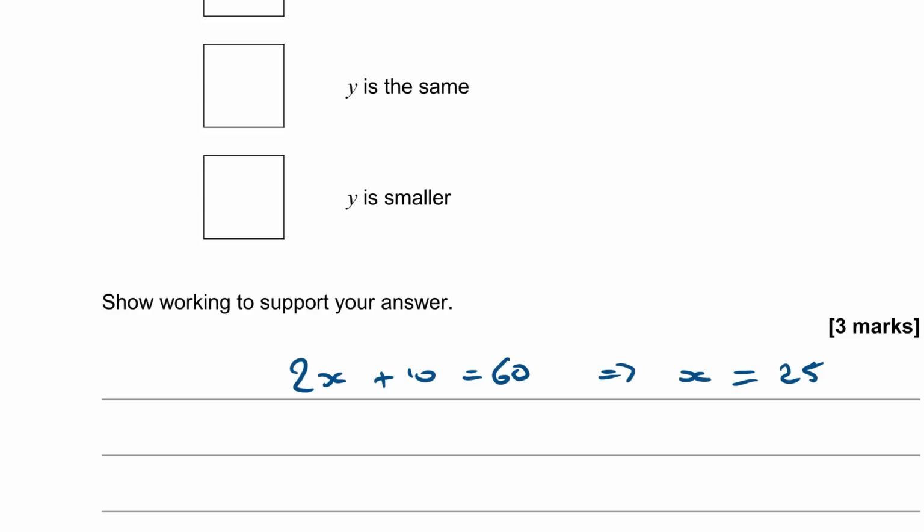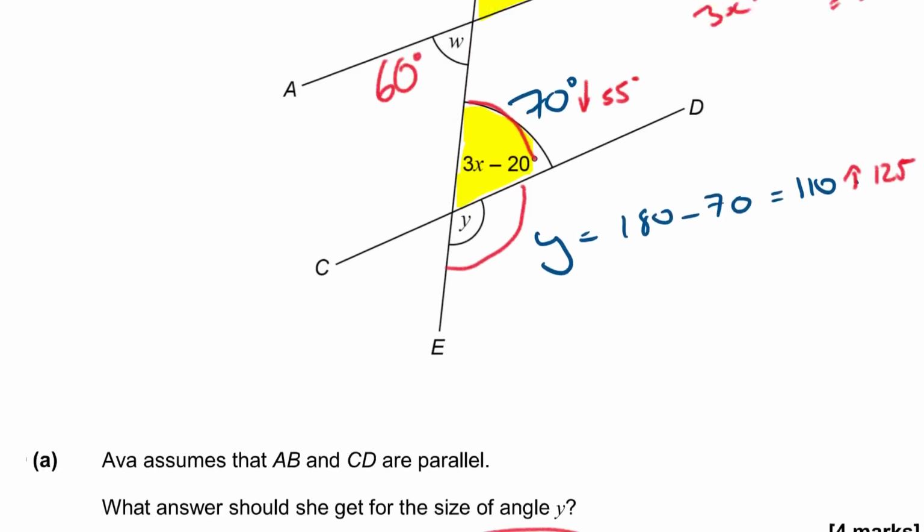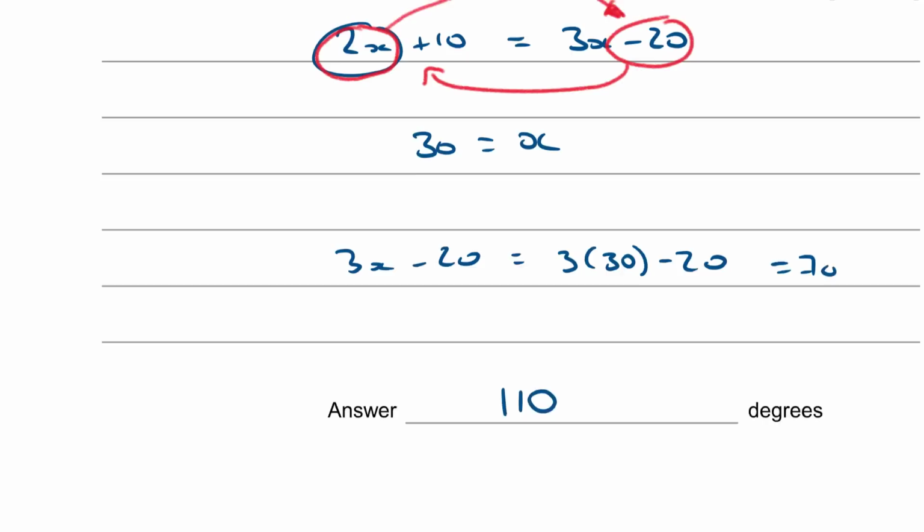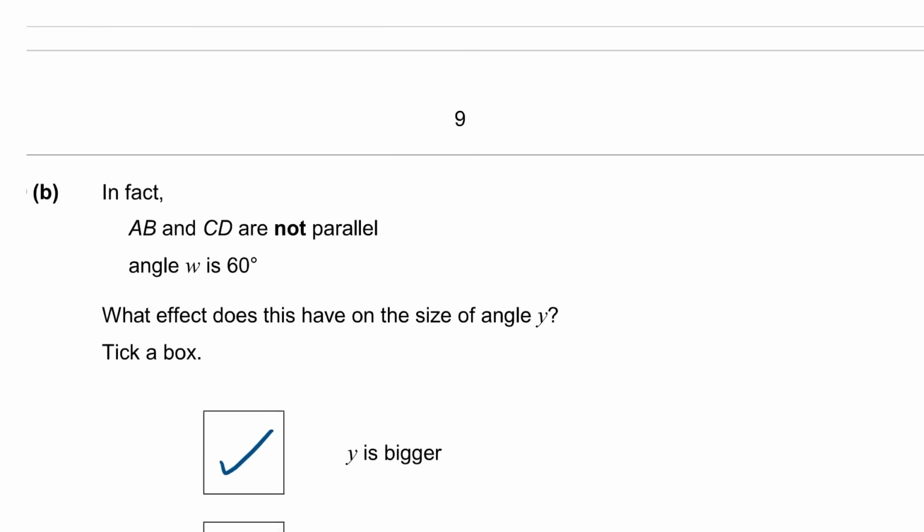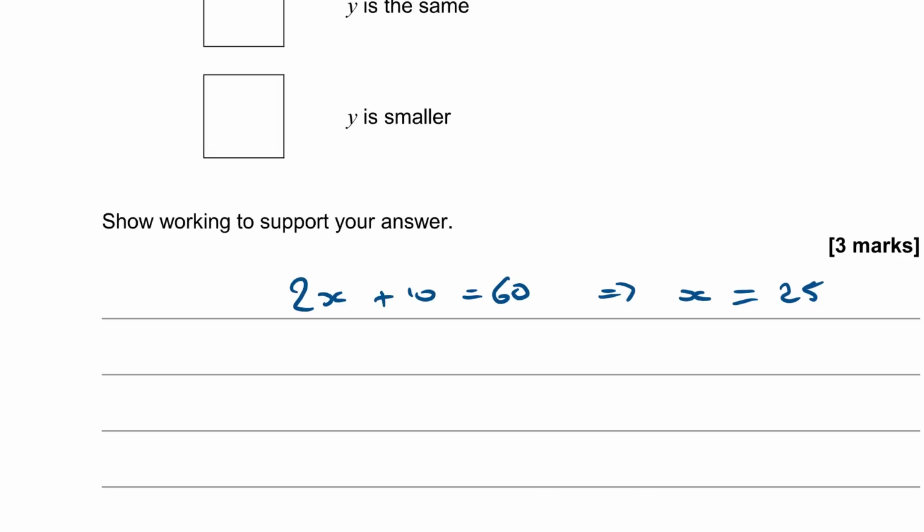So then we worked out the next part. We said 3x minus 20 was 55, not 70.